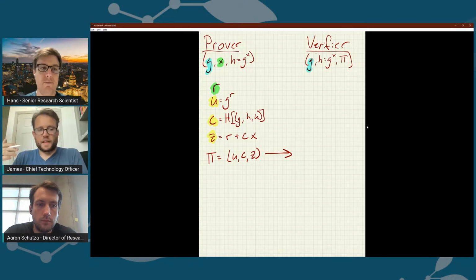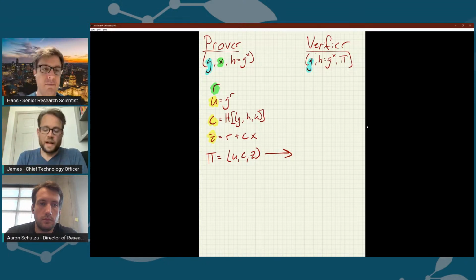You are able to agree on what a challenge point could be, construct that challenge point and also commit to it. So you formed this whole thing, and I can run the verification protocol to check that it all hangs together.